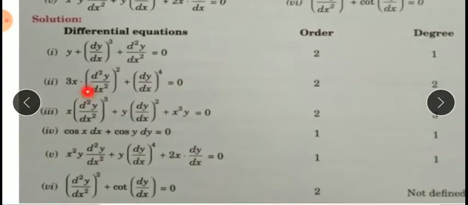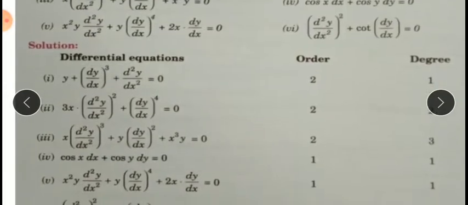See next one. In this differential equation, again this is the highest derivative term. This is second derivative. Second derivative means order is 2. What is its highest power? Highest power is here 2. Means degree is 2. See next one. In this differential equation, you can see that again this is highest derivative, second derivative, means order is 2.